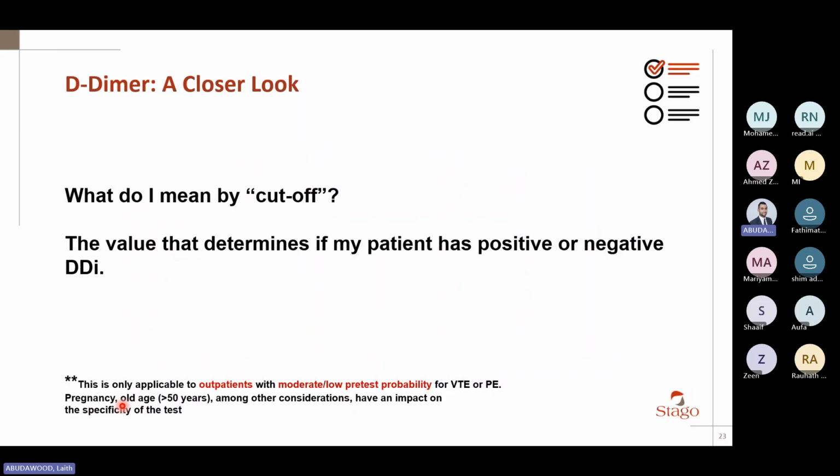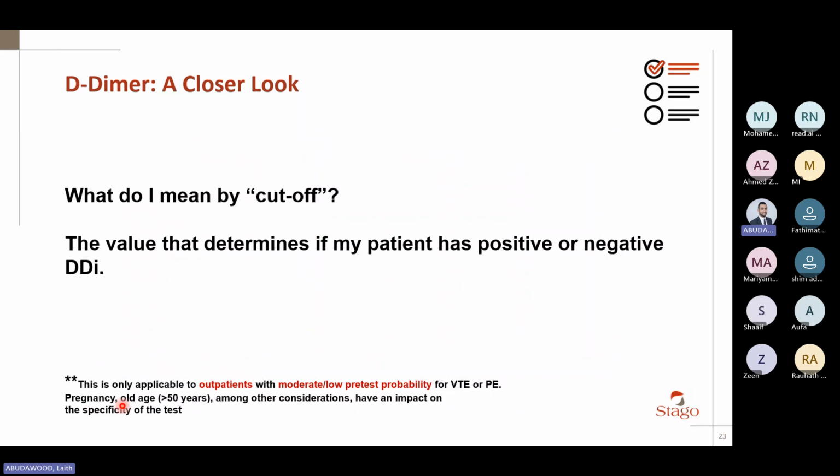So there's a clot likely somewhere. If the result is D-dimer negative, I can only say the following. PE or DVT are excluded in patients who are low to moderate pretest probability, who are outpatients. That's the only official claim that any manufacturer in the market currently has for D-dimer.